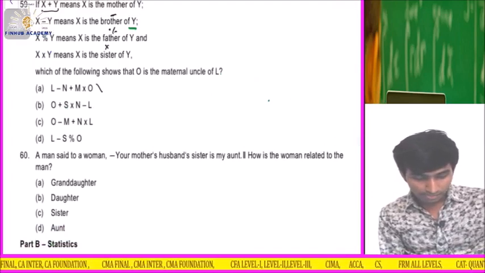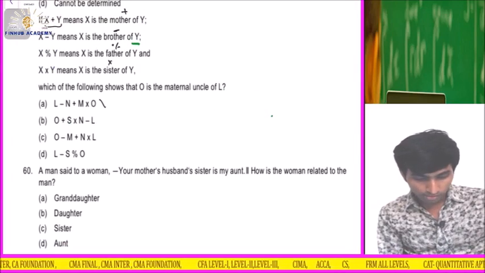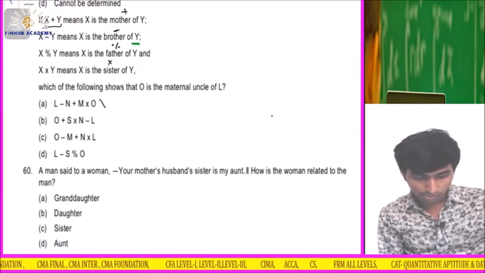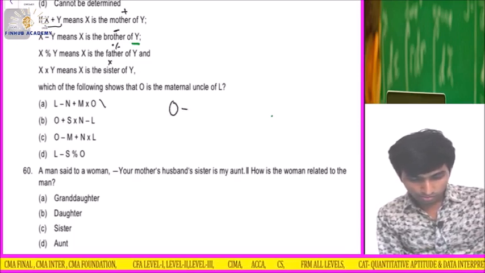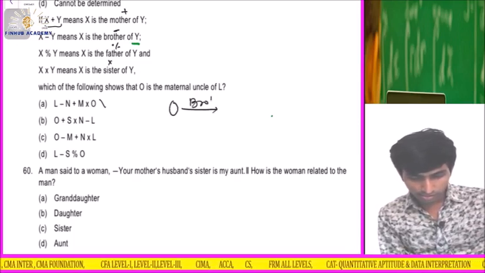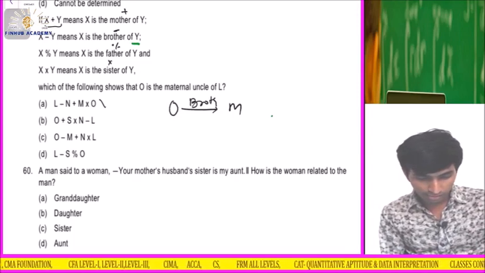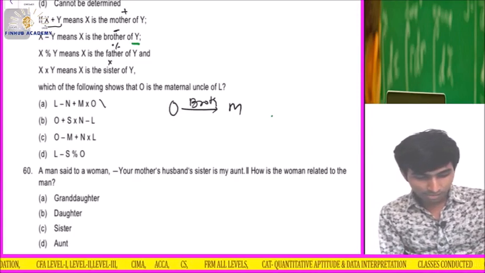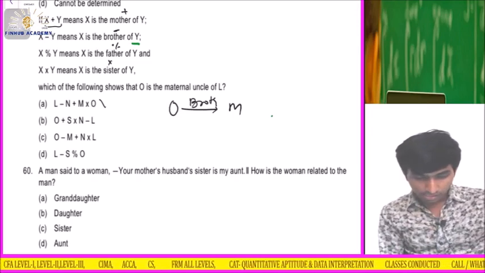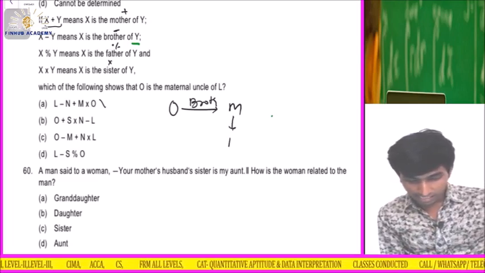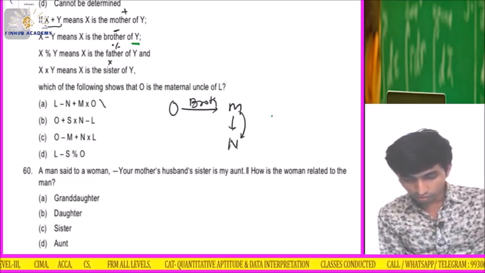O minus M. Minus means brother. So O's brother is M. M plus N. Plus means mother. M is mother of N. Okay.